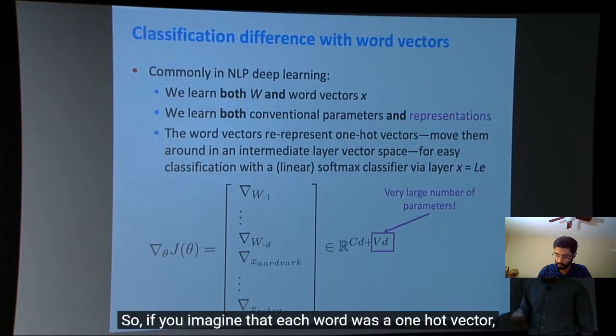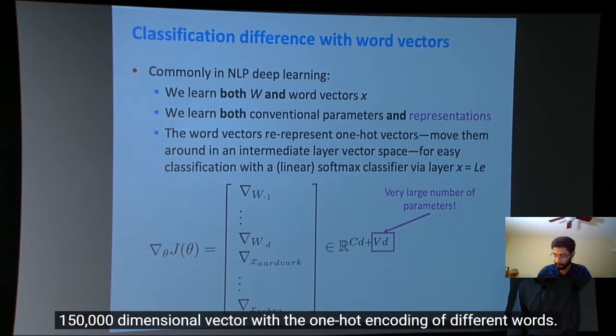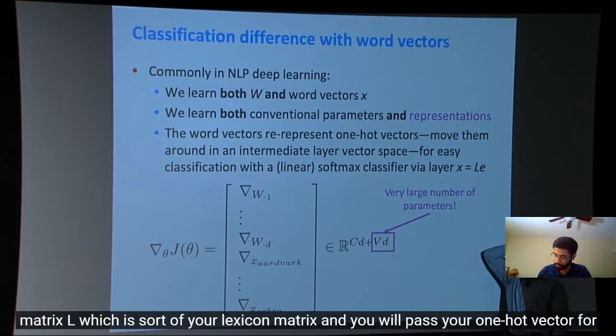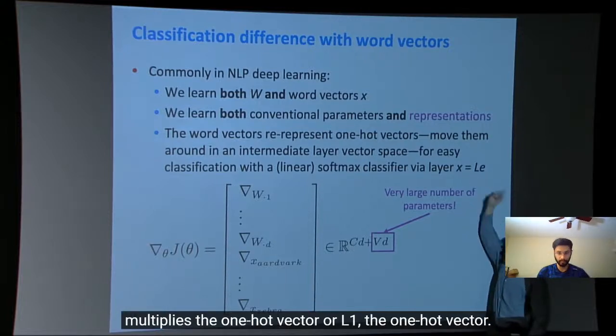So if you imagine that each word was a one hot vector for the different word types in your model, so you had a 150,000 dimensional vector with the one hot encoding of different words, then you could say you have a matrix L, which is your lexicon matrix, and you will pass your one hot vector for a word through a layer of neural net which multiplies L and the one hot vector.